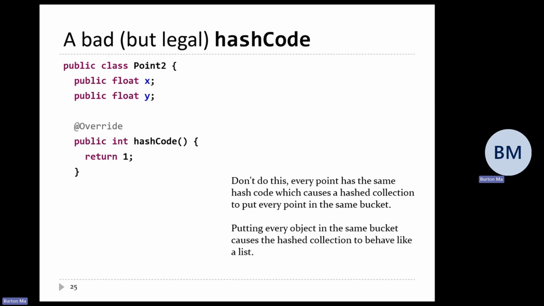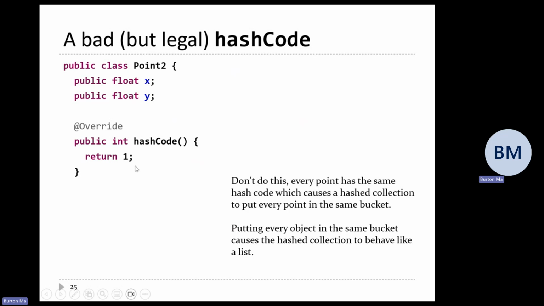There's 2 to the 128 values of x and y. How many ints are there? Well, there's only 2 to the 32. So there's no way that I can convert x and y to some int value and guarantee that 2 points that are different, not equal, have a different hash code. There's going to be lots of points that are not equal that have the same hash code.